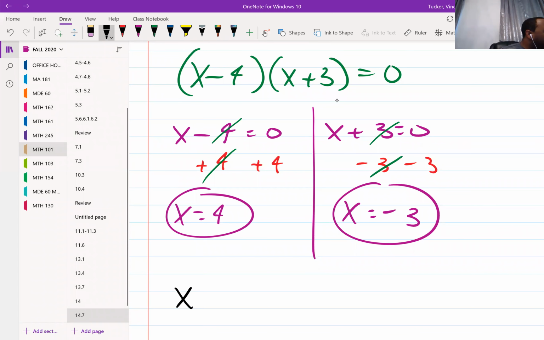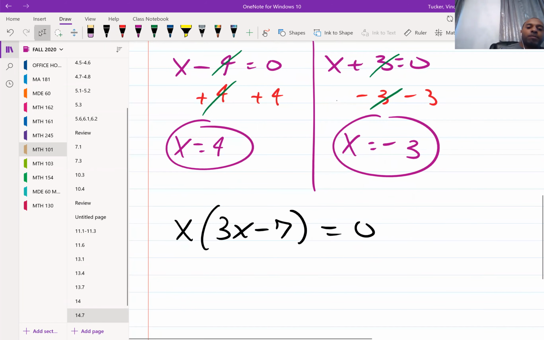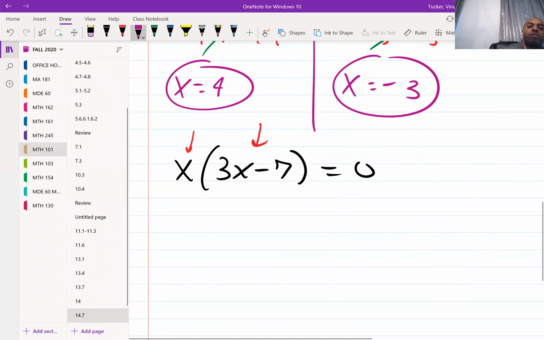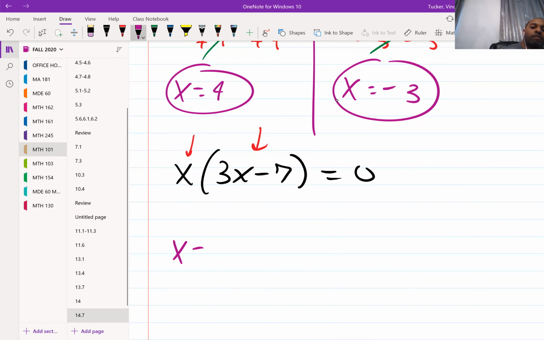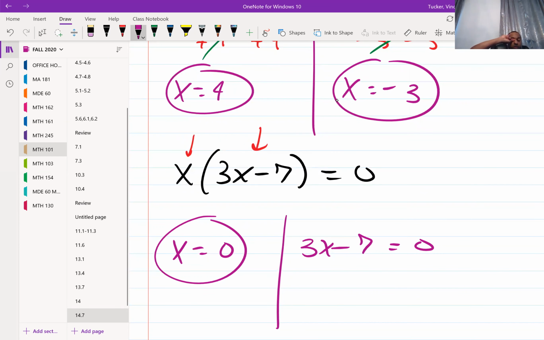Here, if I have x times 3x minus 7 equal to 0, same type of deal. Take the x, set it equal to 0. Take 3x minus 7, set that equal to 0 as well. So x equal to 0 is a solution itself.